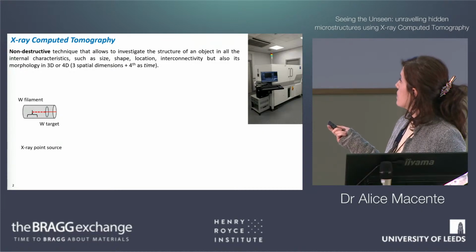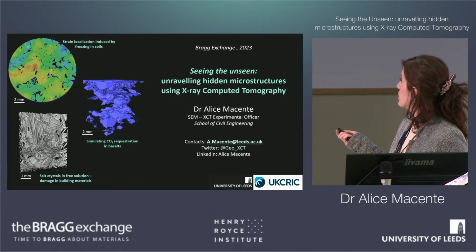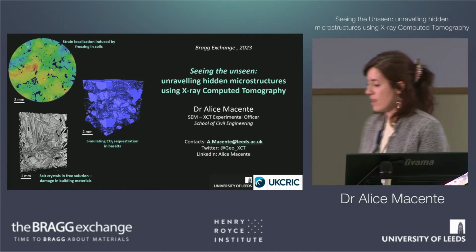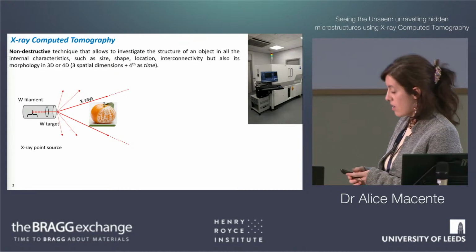This electron beam hits a metal target, and when this happens, we have the generation of X-rays.